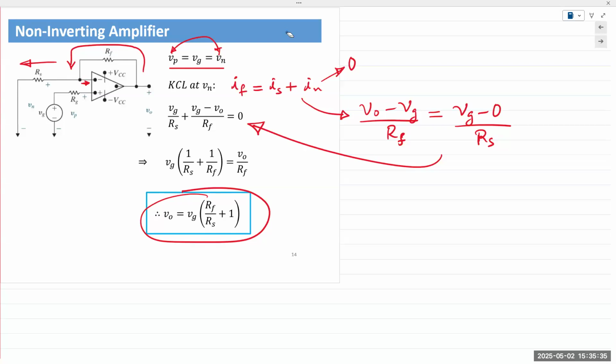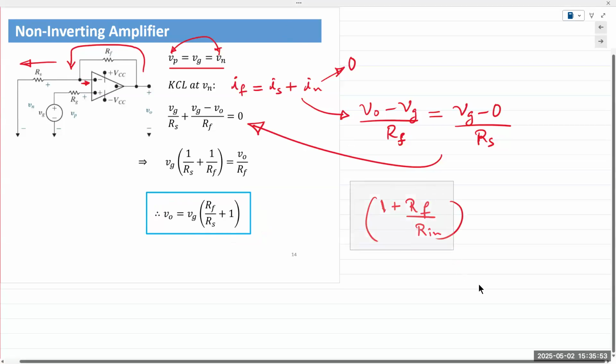It has a similar form as the inverting. This is 1 plus RF over R in. That's typically how we would approach and write the gain.